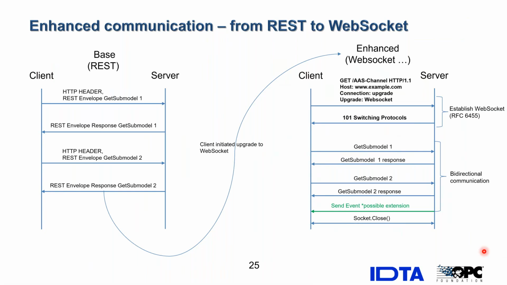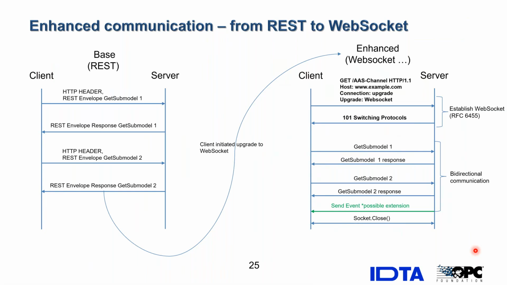In the case of declining, the server will just respond with an error code, and the communication will then continue with REST. So there is no interruption. If the server accepts the upgrade call, it will respond with a 101 Switching Protocols status.